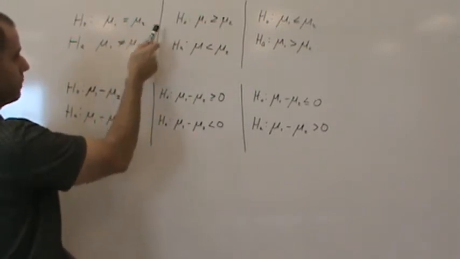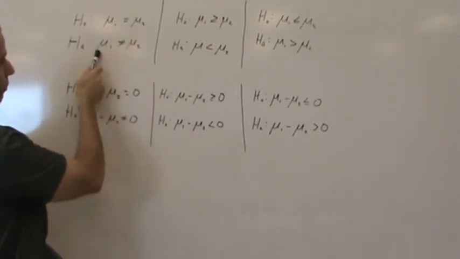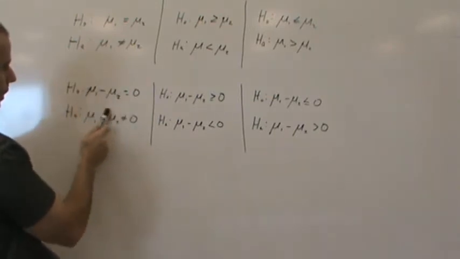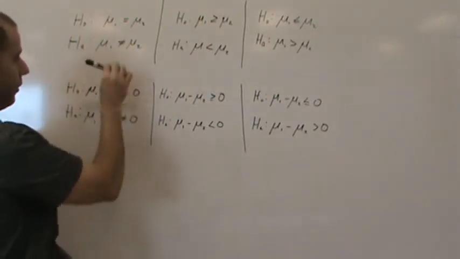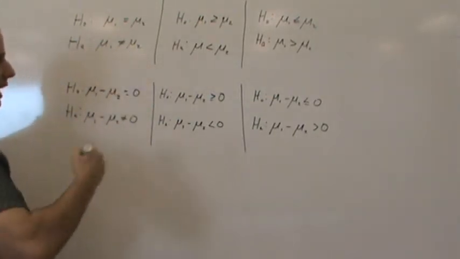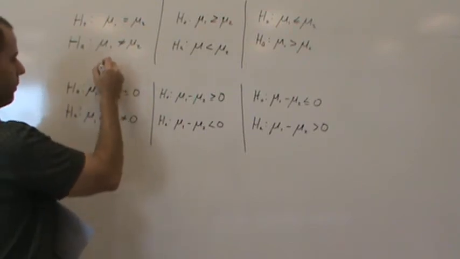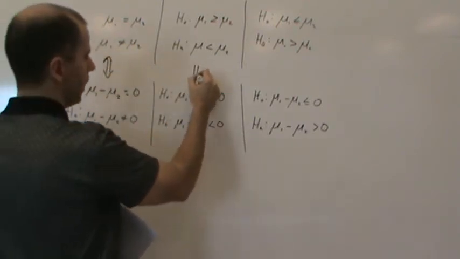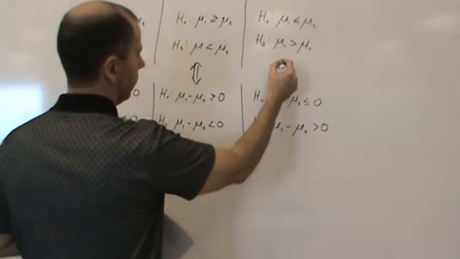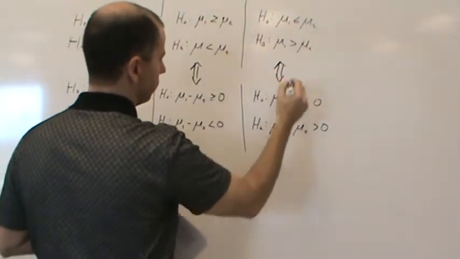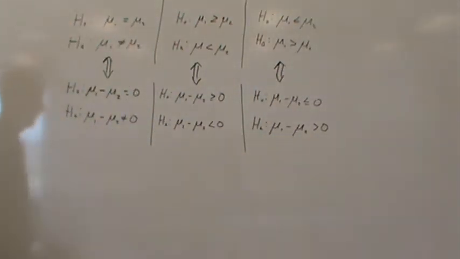So mu2 minus mu2 becomes 0, and then mu1 minus mu2 comes over here. So these are equivalent statements. They're the same. Just realize that these are saying the same thing.